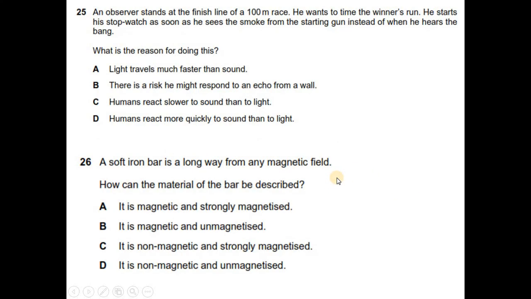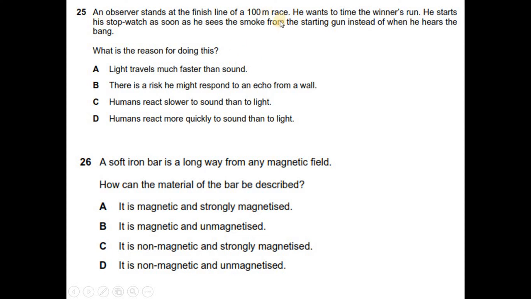Question number 25. An observer stands at the finish line of a 100-meter race. He wants to time the winner's run. He starts his stopwatch as soon as he sees smoke from the starting gun, instead of when he hears the bang. What is the reason for doing this? Light travels much faster than sound.